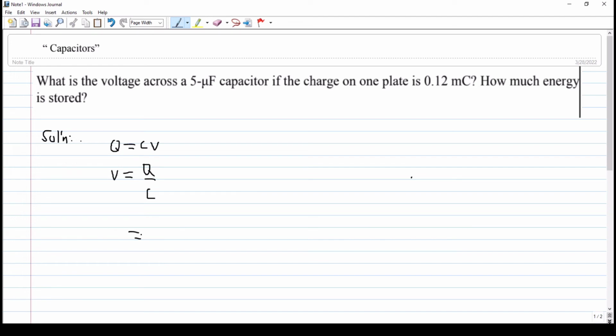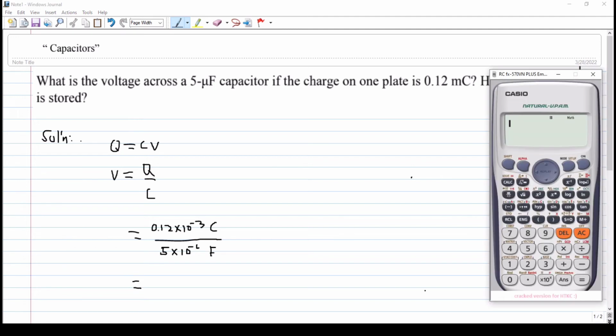Substitute the value of Q and C. So 0.12 times 10 to the power negative 3 coulomb over 5 times 10 to the power negative 6 farad.